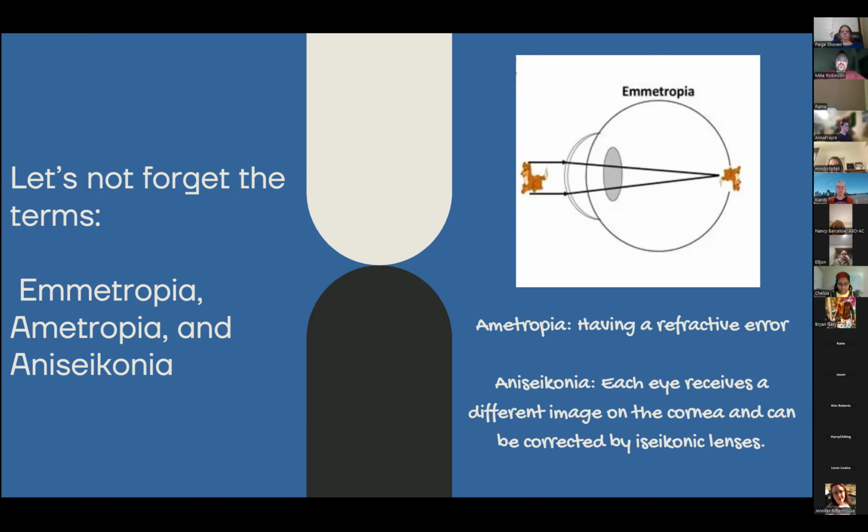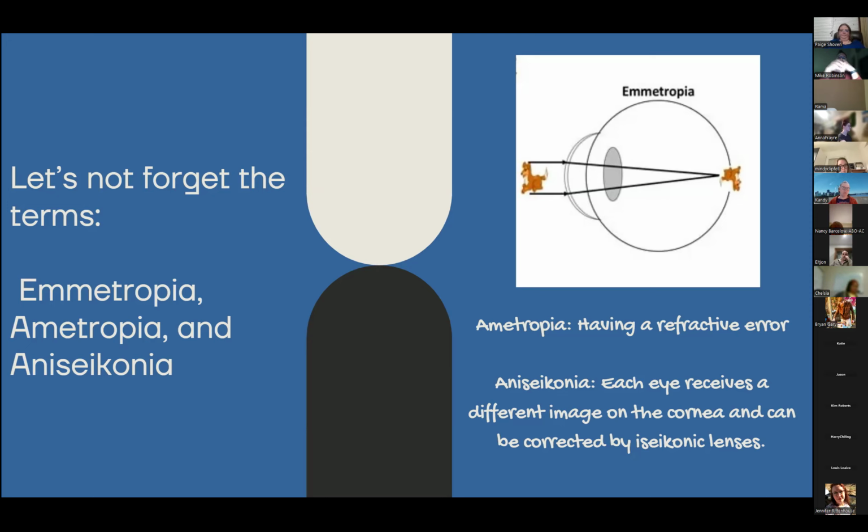So aniseikonia could be caused by a big difference between each eye. But for the sake of having the definitions and the terms, which you will need, it's antimetropia, plus in one eye, minus in the other, and anisometropia, which is a difference of greater than, and Paige, you might have to correct me, we decided it was minus 1.50, right?